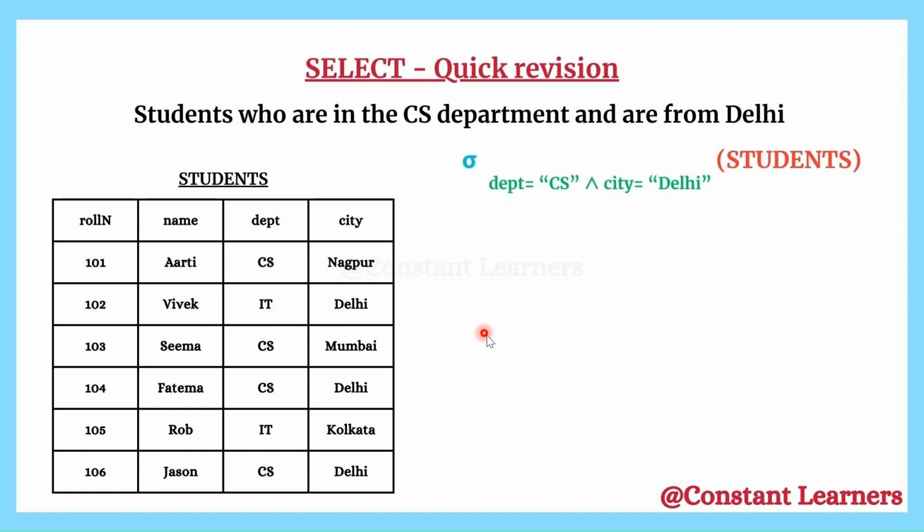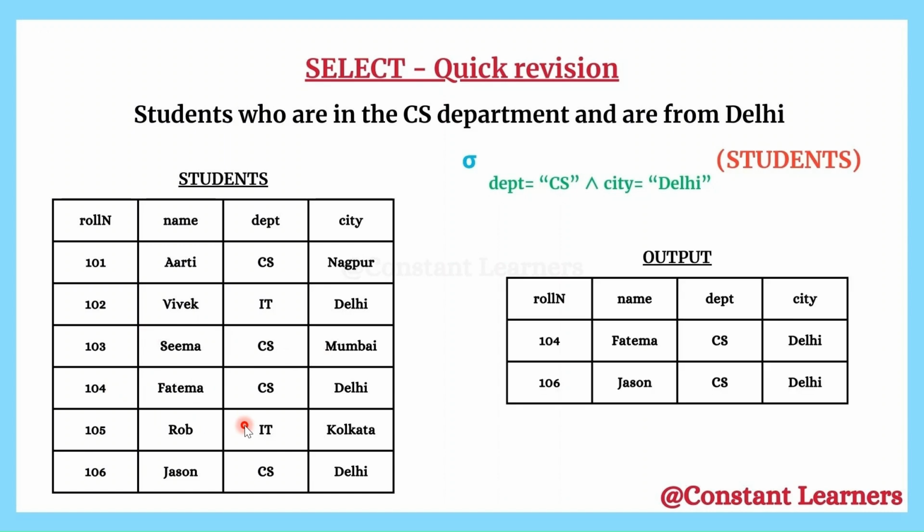Now the output will contain entire rows, because in the select operation we get the entire rows as the output, right? So here we get Fatima, who is in CS department and is from Delhi, and Jason, who is also in CS department and is from Delhi. So this is our output.